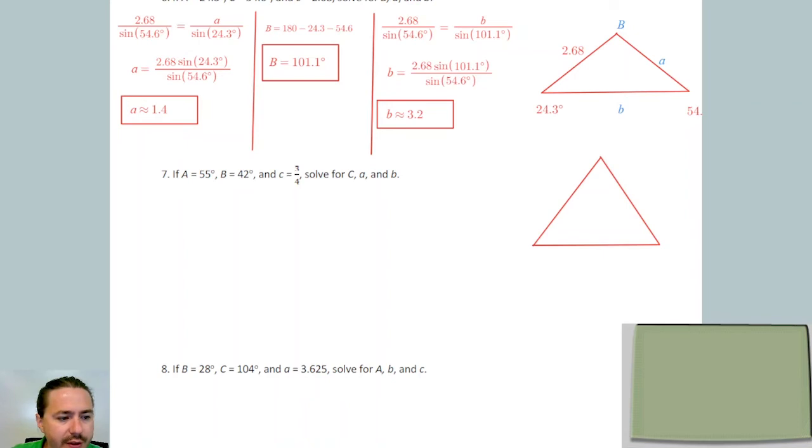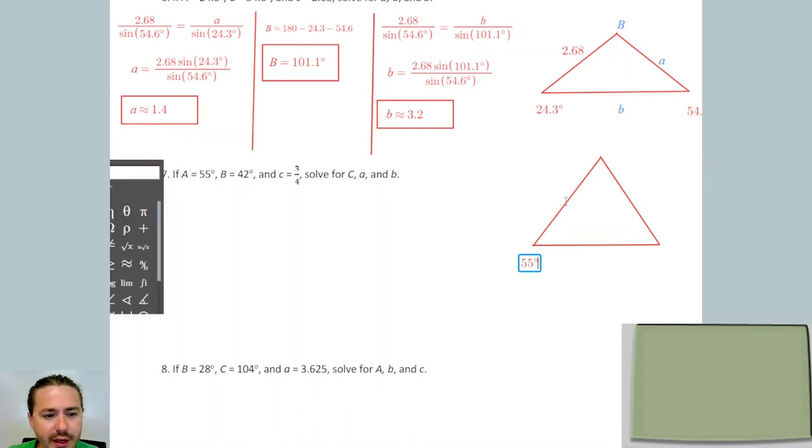Okay, so on this one, angle A is 55 degrees. Angle B is 42 degrees. And we don't know angle C, so we'll need to come back for that. Side C is 3/4, or in other words, 0.75.